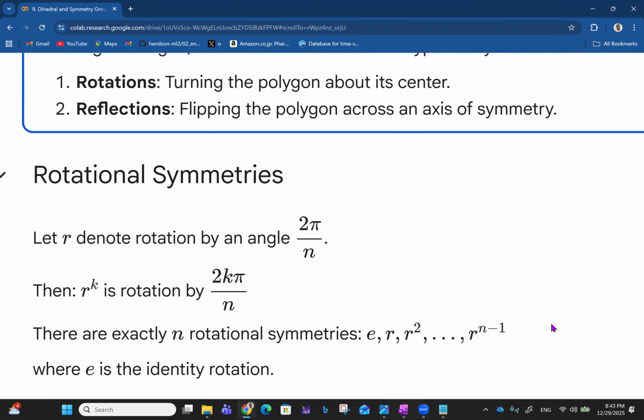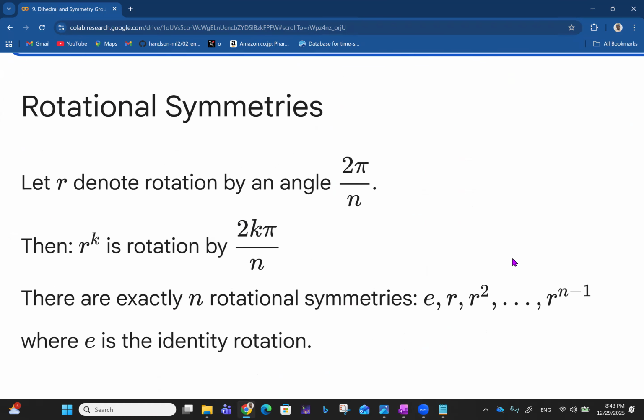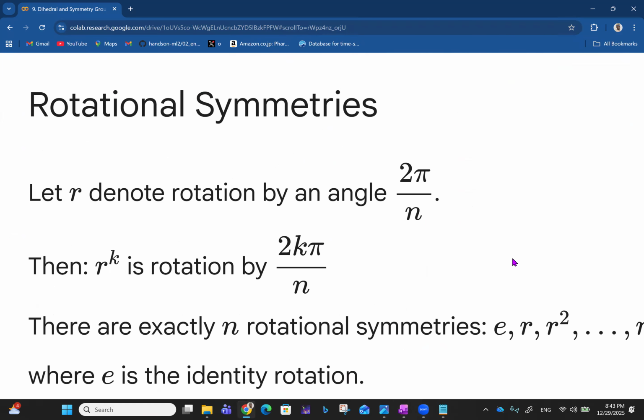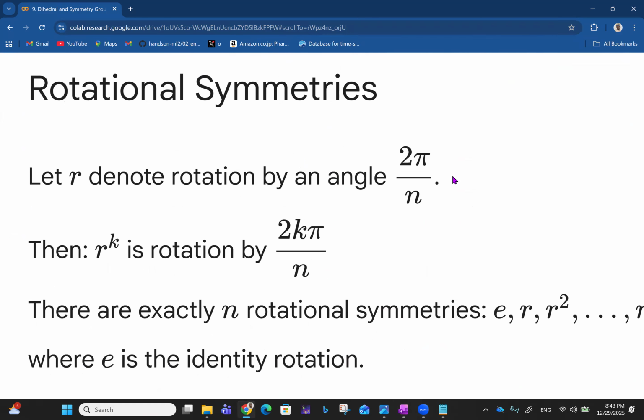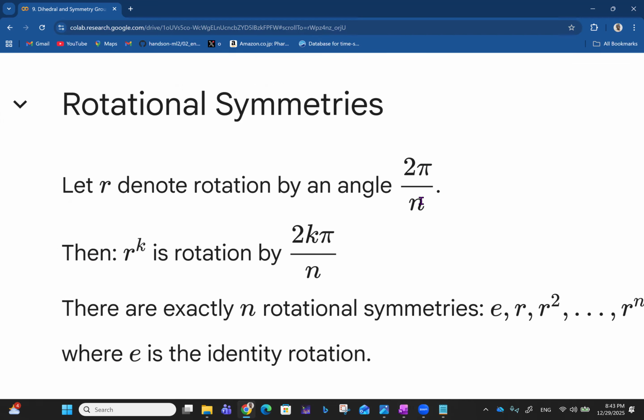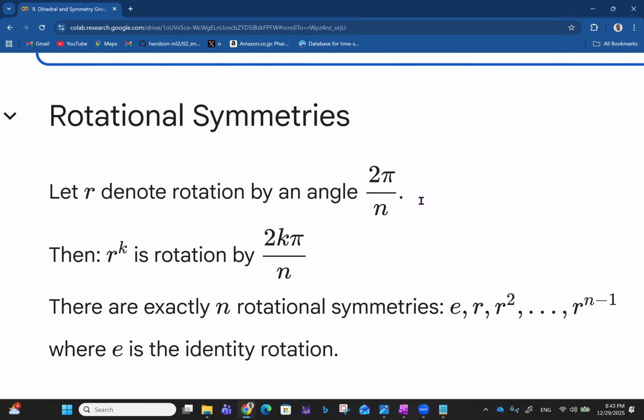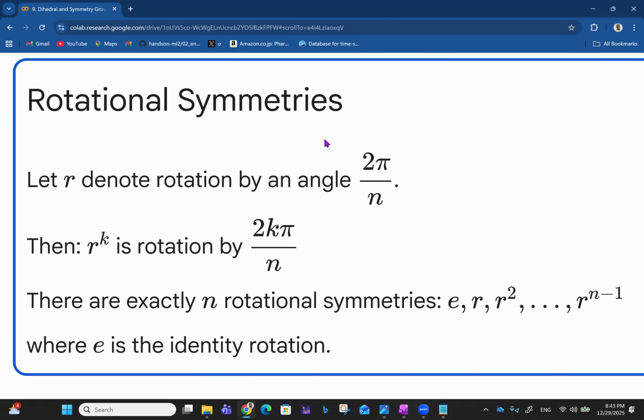So let's talk about rotational symmetries now. For rotational symmetries, we can go like this. Let R denote the rotation by an angle. So if you rotate a polygon by an angle 2 pi over n, that's talking about the possible number of sides the polygon might have. Let's imagine we are talking about a square, for instance, because we talk about regular polygons.